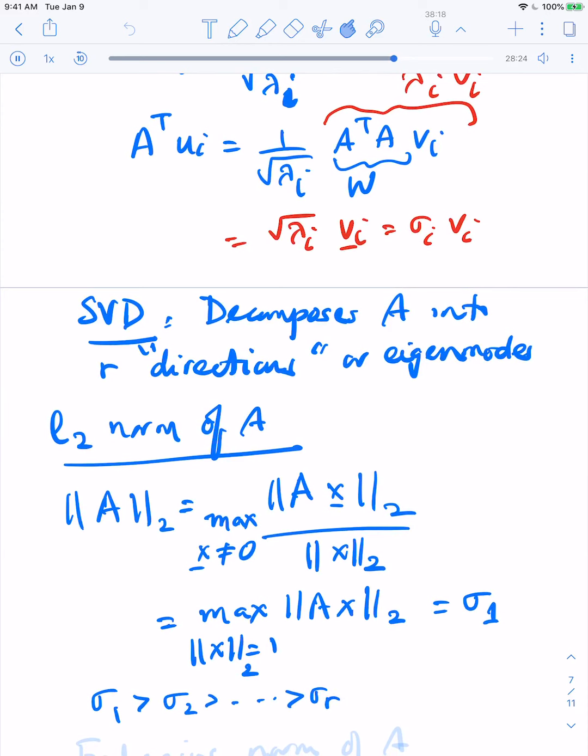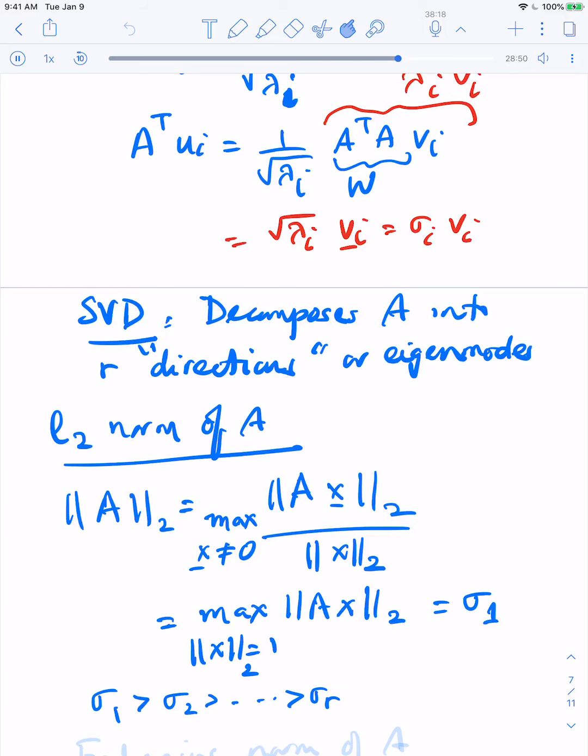This is easy to see because any vector can be decomposed with respect to the orthonormal basis V's, and clearly putting all your eggs into the biggest basket is going to maximize this quantity. So the L2 norm as defined here is more analogous to the L infinity norm of a vector. So the L2 norm of a matrix is defined like that.